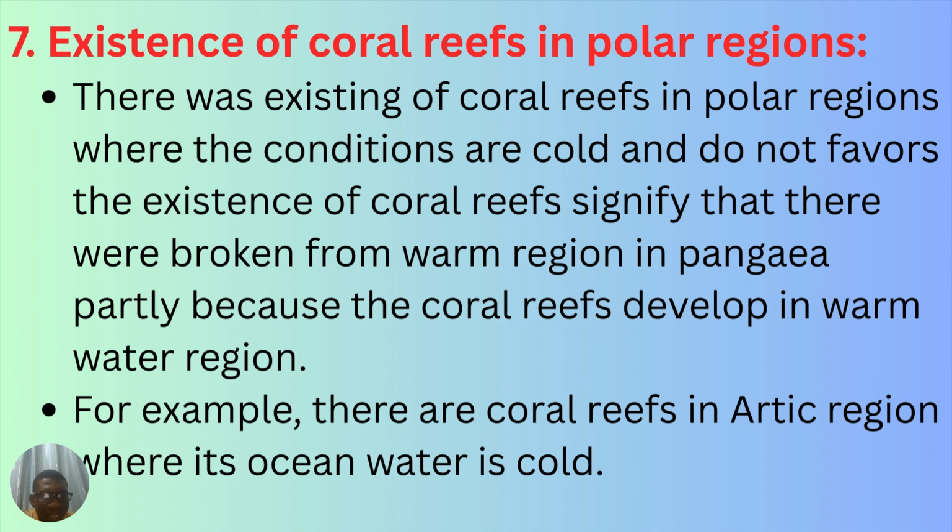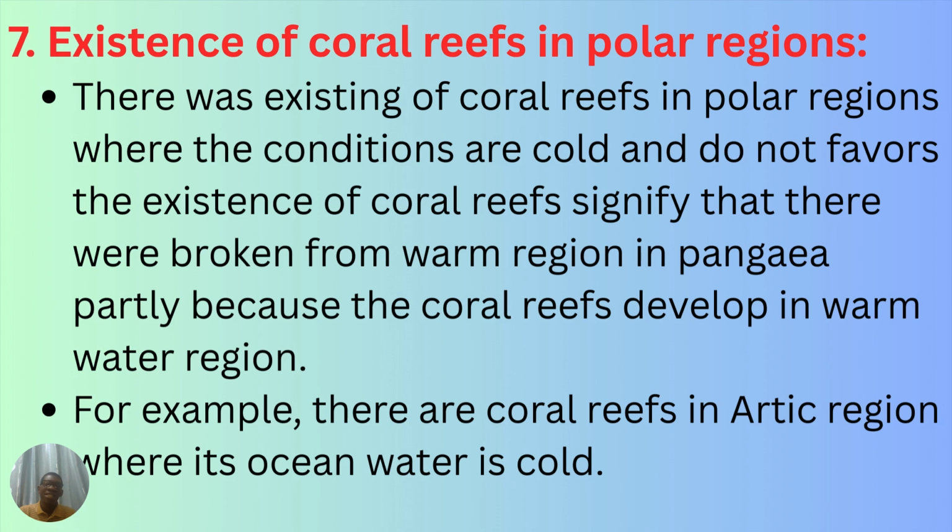So the existence of coral reefs in polar regions, where the conditions are cold and do not favor coral reefs, signifies that they were broken from a warm region in Pangaea, because coral reefs develop in warm water regions. For example, there are coral reefs in the Arctic region where the ocean water is cold.